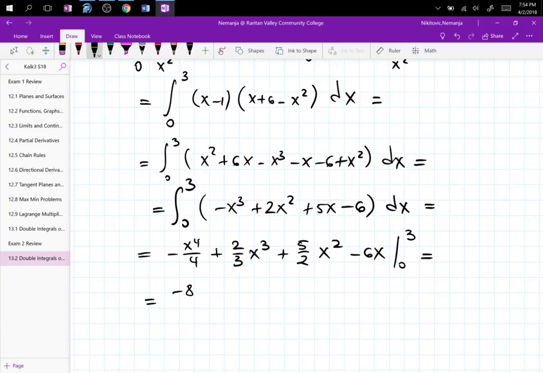So negative 81 over 4 plus 27 times 2 is 54 over 3, and then one of those will cancel. Plus 3 squared is 9, times 5 is 45 over 2, and then minus 18.